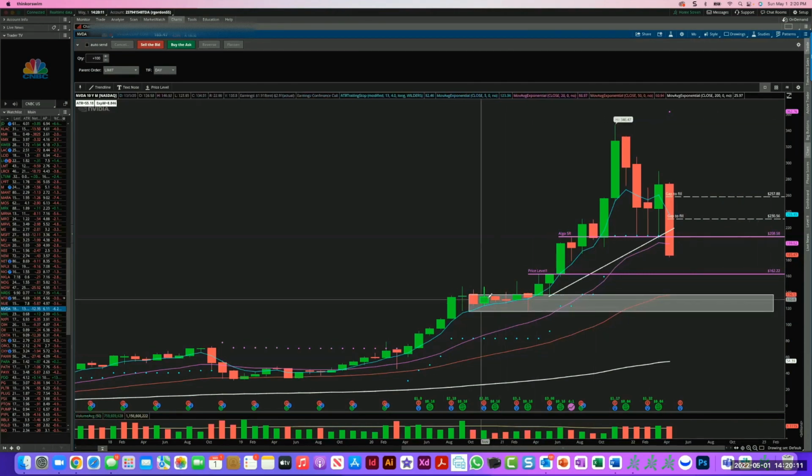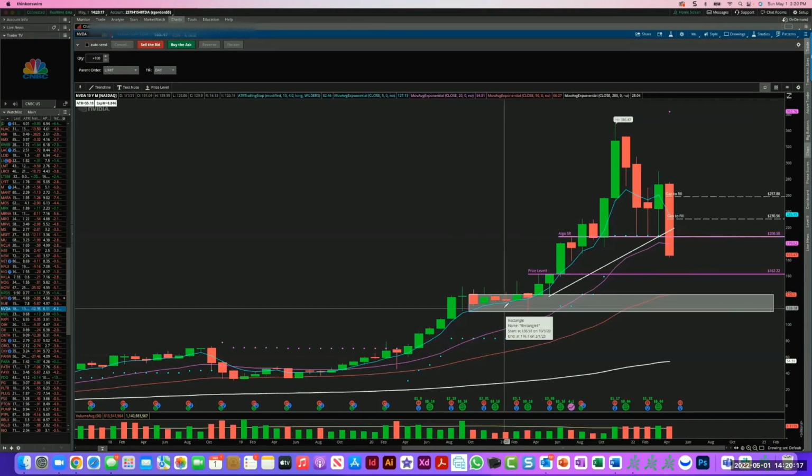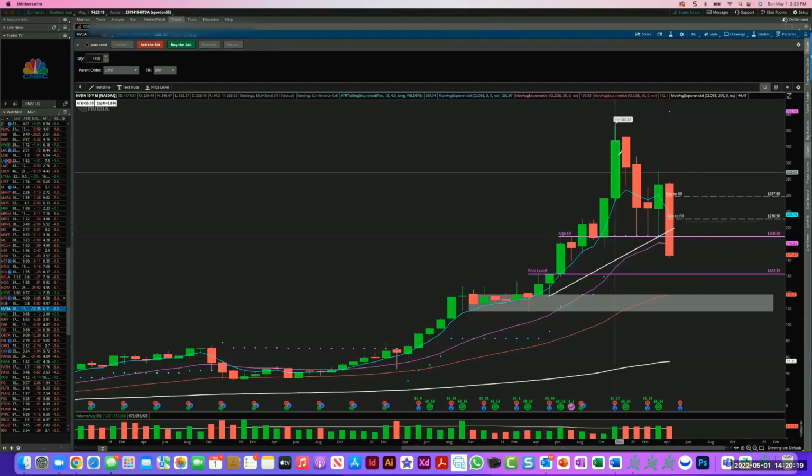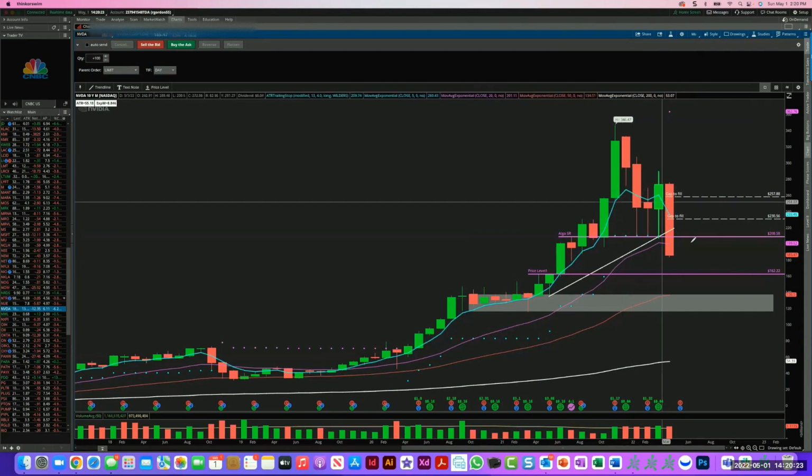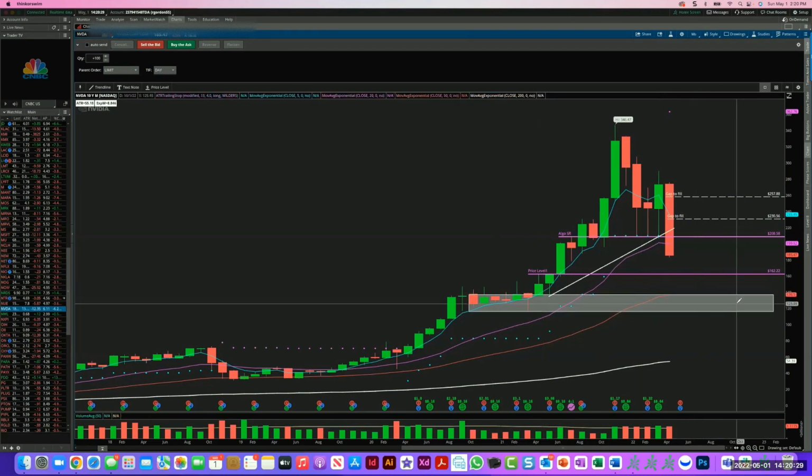I mean, this is where it went sideways. So this is a consolidation. And if you look here, these are people who bought after this consolidation. So they will be selling out of their position to protect themselves. And if it falls back to this price, if they didn't sell out, if they did, then they're going to look to buy back in.